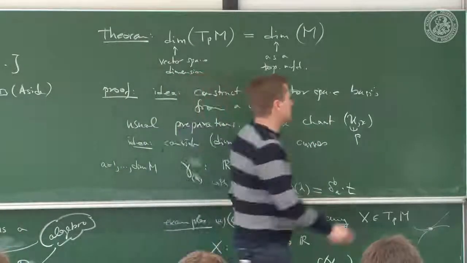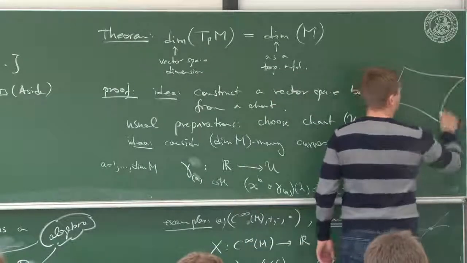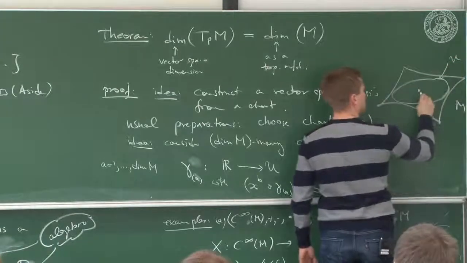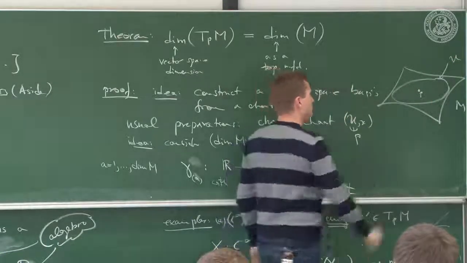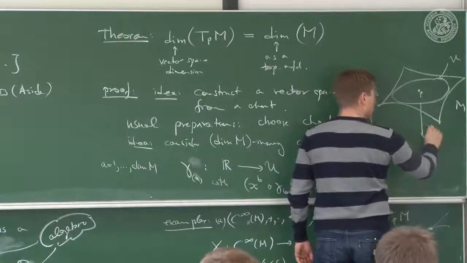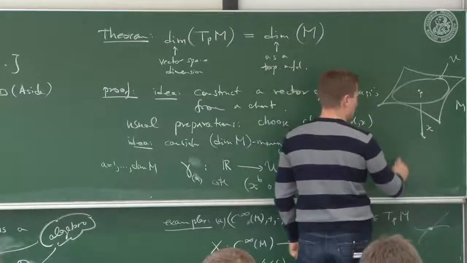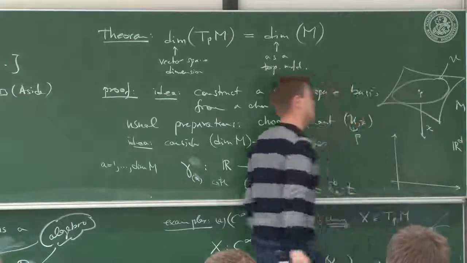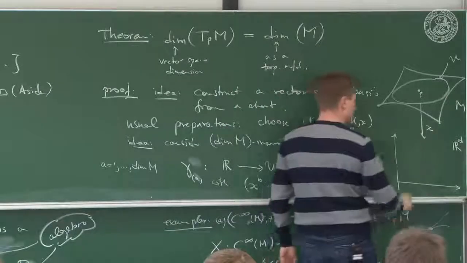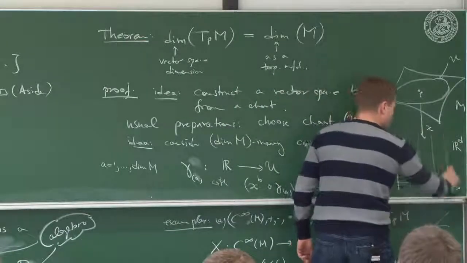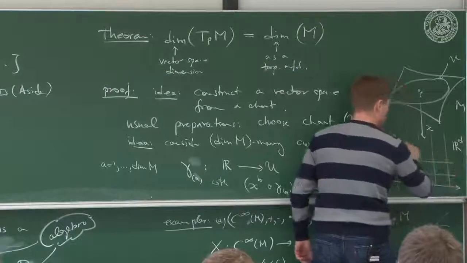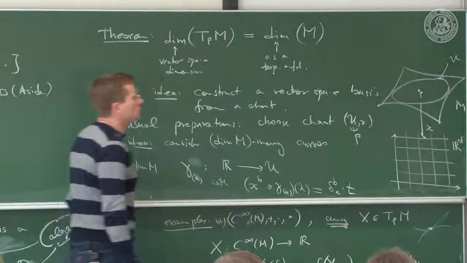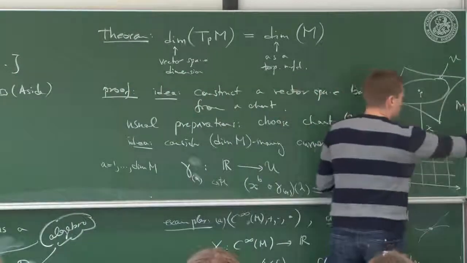Well, it's very clear what this is. You have your manifold M, you have your domain U, in which the point of interest lies. Together with this U comes a chart map that maps you down here to R^d. My illustration is, of course, R^2. R^d is the Cartesian product of d copies of R. So I have a very clear notion of the first component, second component, third component.